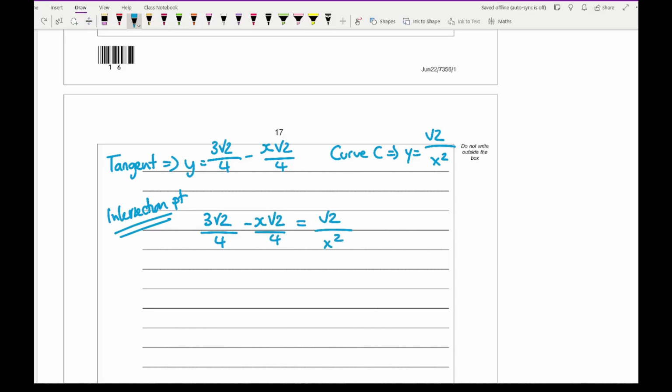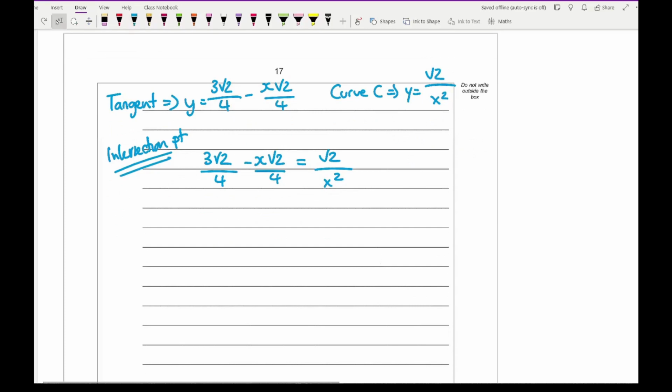I need to solve this for x. So I can write this as 3 root 2 minus x root 2 over 4 equals root 2 over x squared. I can then cross multiply, in which I get 3x squared root 2 minus x cubed root 2 equals 4 root 2, and then divide everything by root 2.